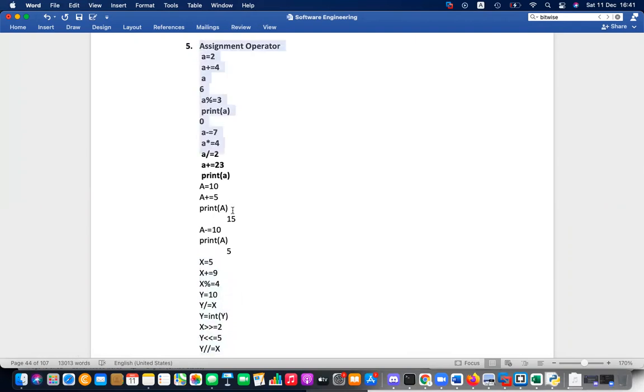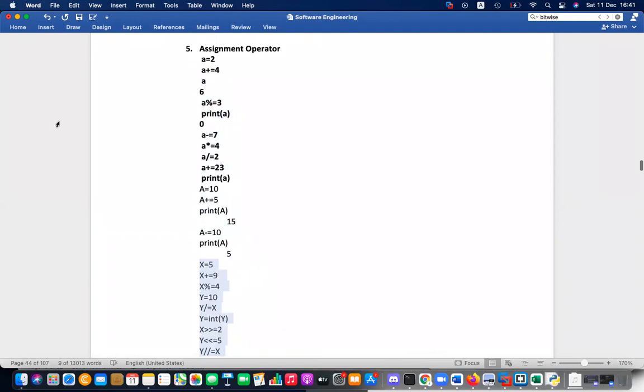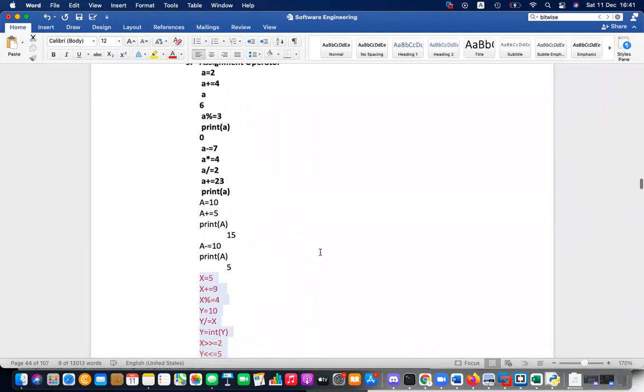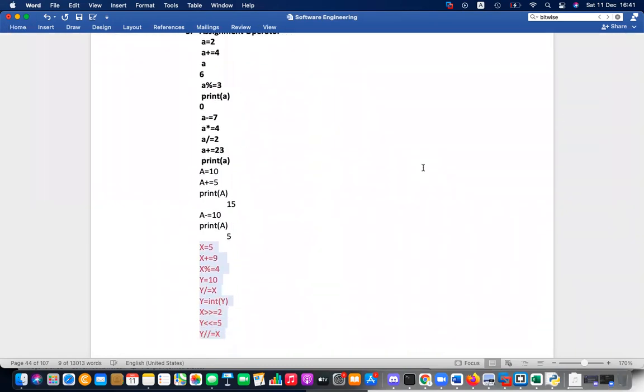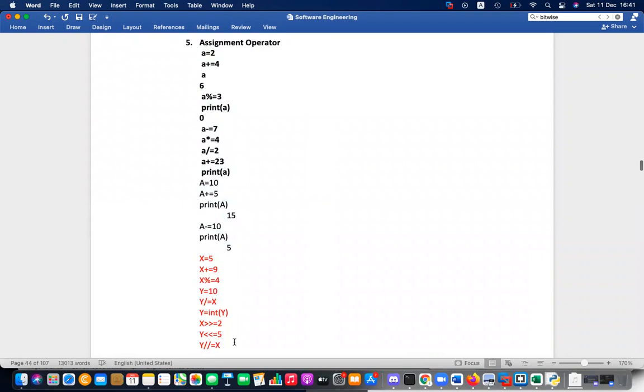So I'll color this in red color. So in these red color lines, please write the outcome of each line in front of it, or you can send it to the chat. Outcome of each line, you can send it to the chat.